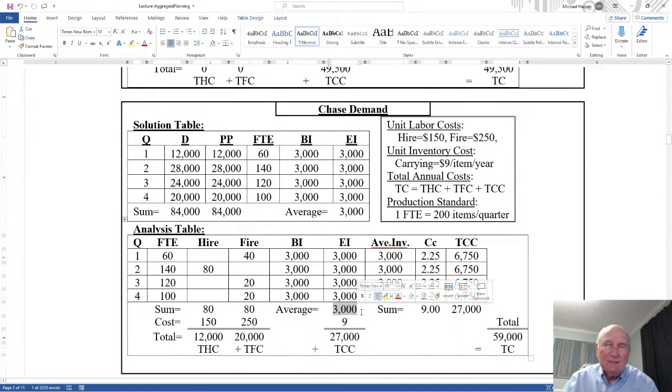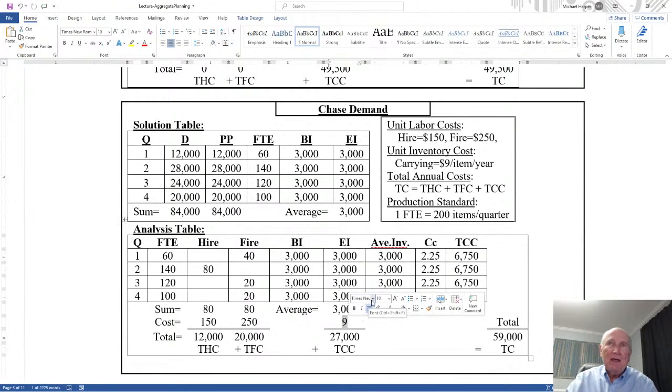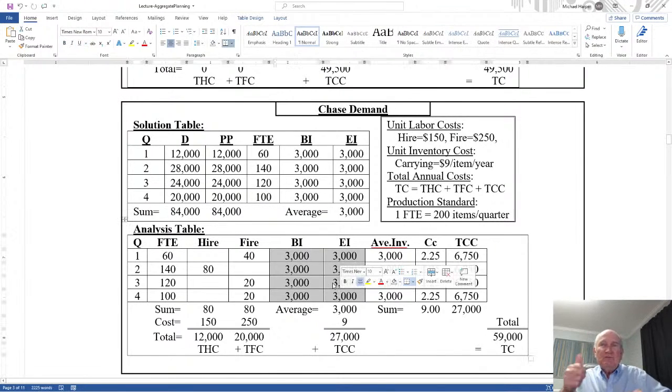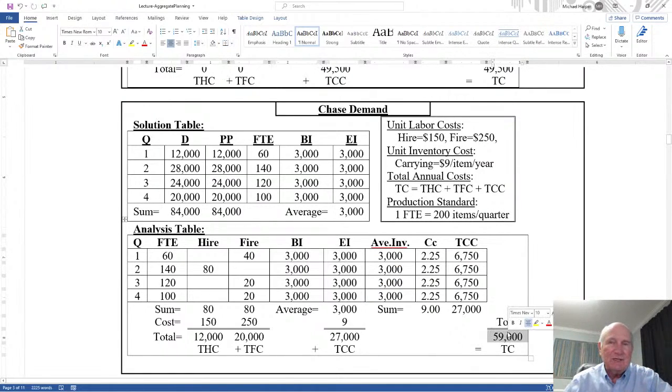But a better reason, remember, chase demand, you have control over your inventory. You have maximum control over your inventory for a pure chase demand, which means as my unit cost goes up, I can move to chase demand and then lower my inventory. So if my cost goes up, I'll just go to chase demand and lower my inventory. And the net change in my cost here, it stays the same. It doesn't change. And so as my cost keeps going up, I can move to chase demand, keep reducing my inventory.